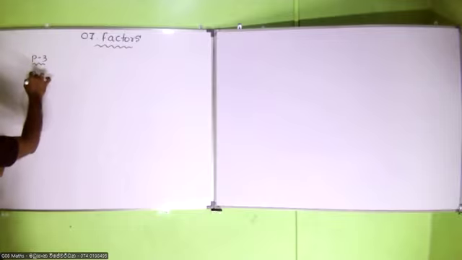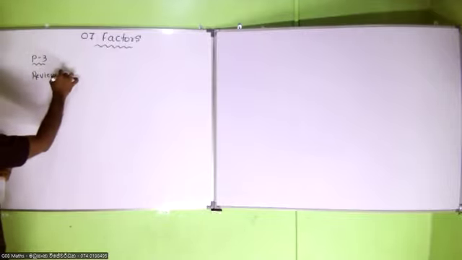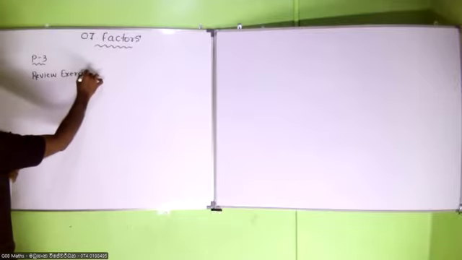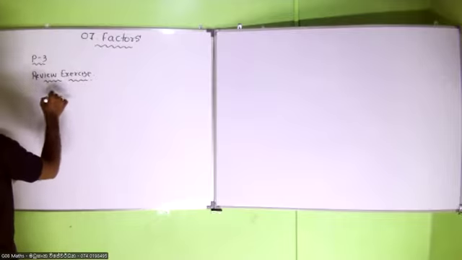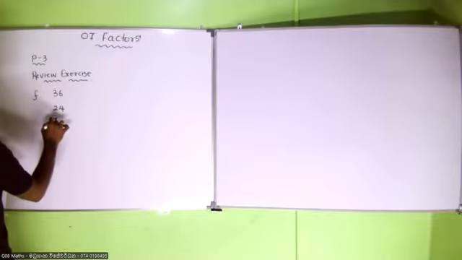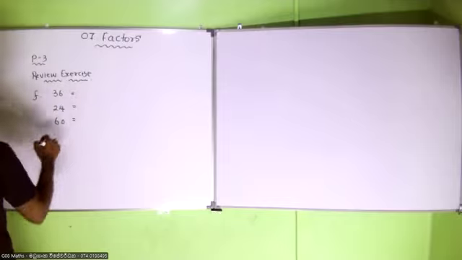Review exercise. Part F. We have 36, 24, and 60, and we need to find the highest common factor.